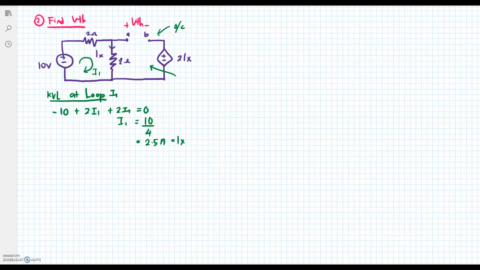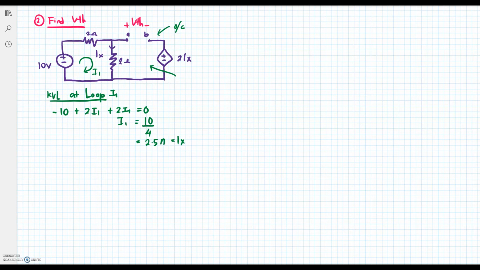Okay. Take a look at the second loop. So we need to find the voltage at V Thevenin. What you can do here is do the KVL. This KVL is for finding the voltage. There is a difference between the KVL for finding the current and the KVL for finding the voltage.